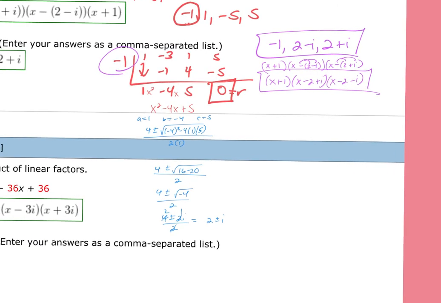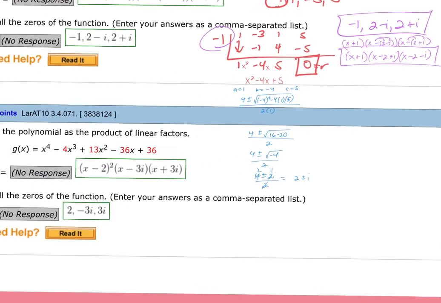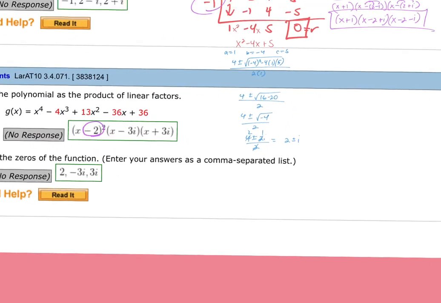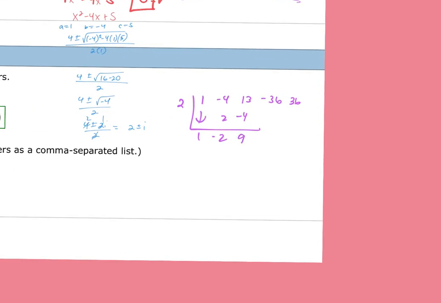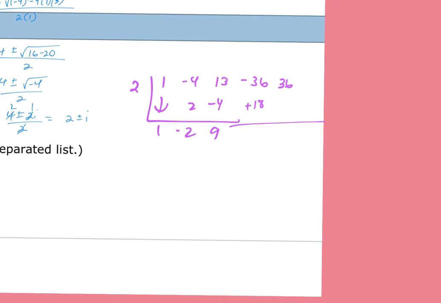You don't have to remember. You're good? Okay, but that's the one that has it repeated. So 2 worked, right? If you put 2 on the outside, 1, -4, 13, -36, and 36. Oh, wait, that's +18. That one worked, and then this is x squared, x to the 3rd.